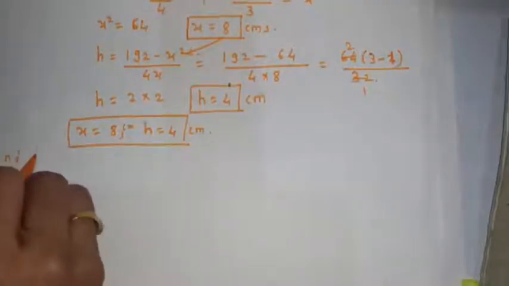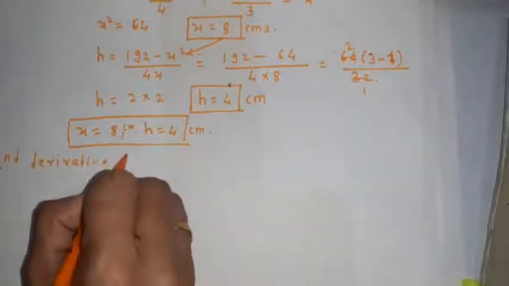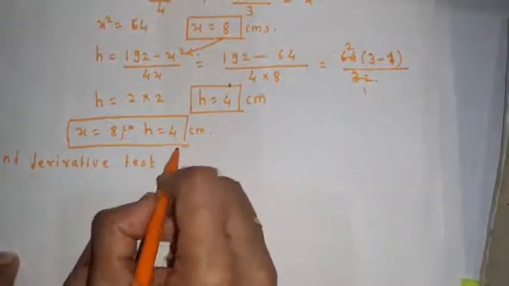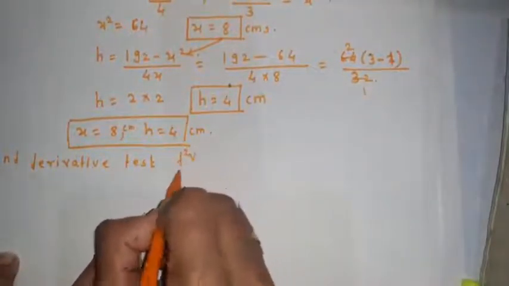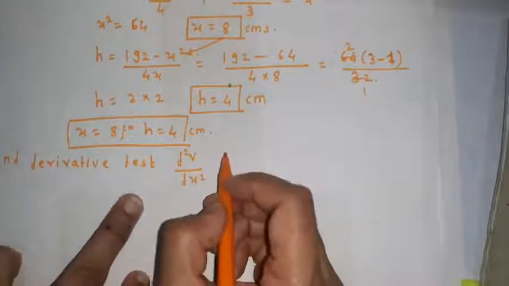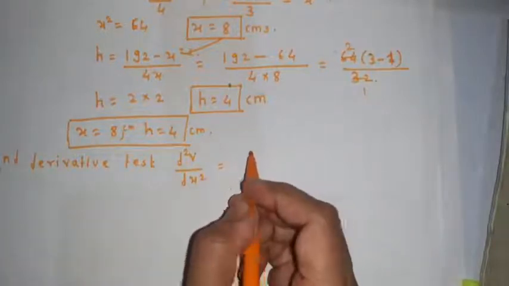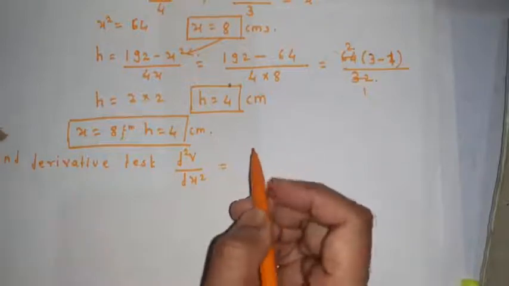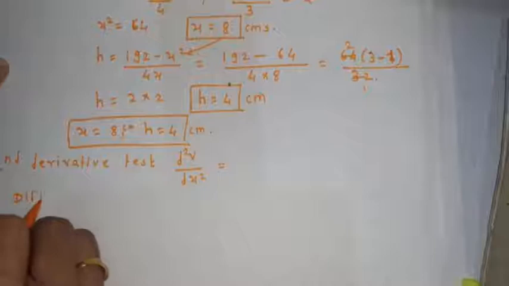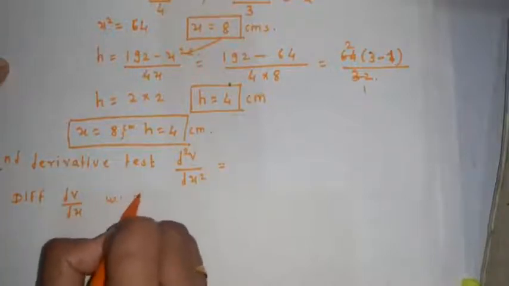Now by the second derivative test, we have d2 square v upon dx square. Second derivative test, that is d2 square v by dx square. Now differentiate dv by dx with respect to x again.